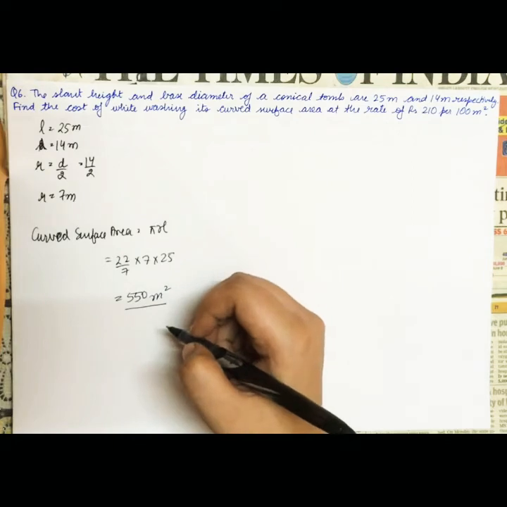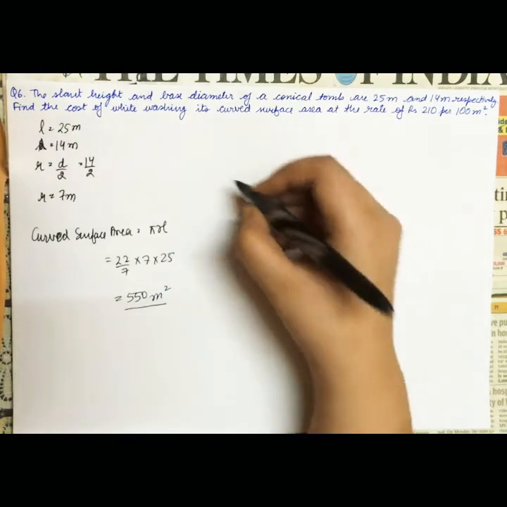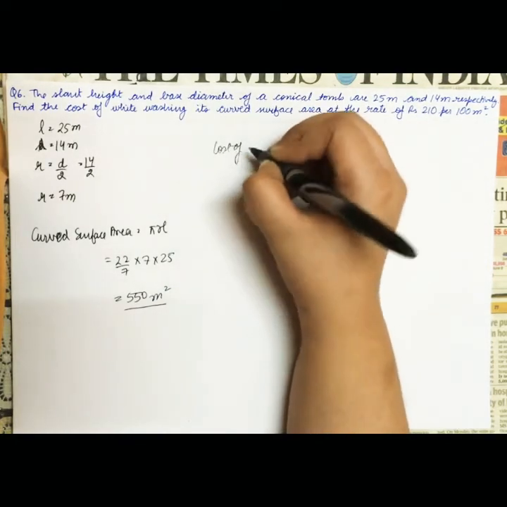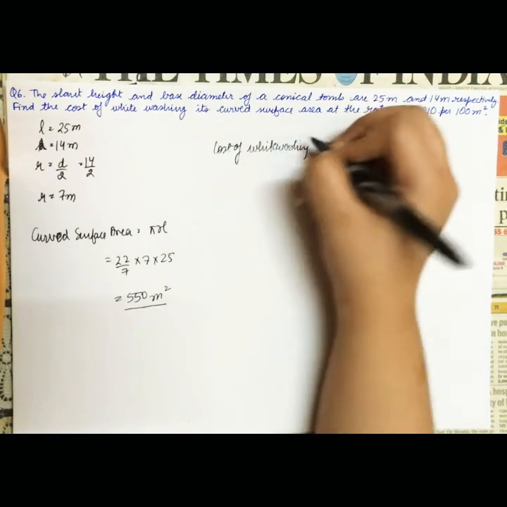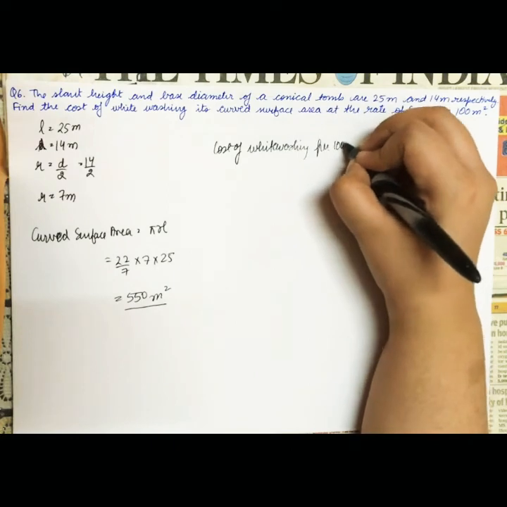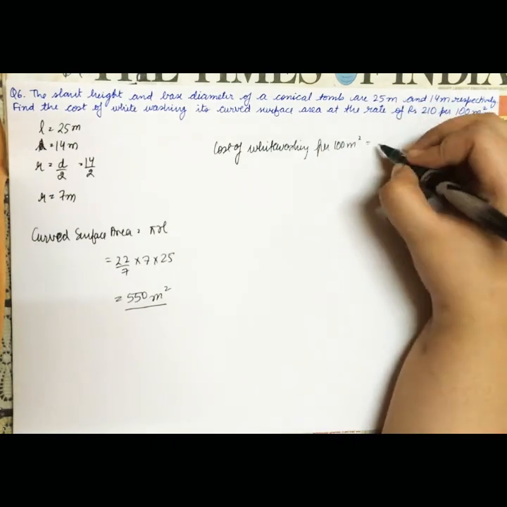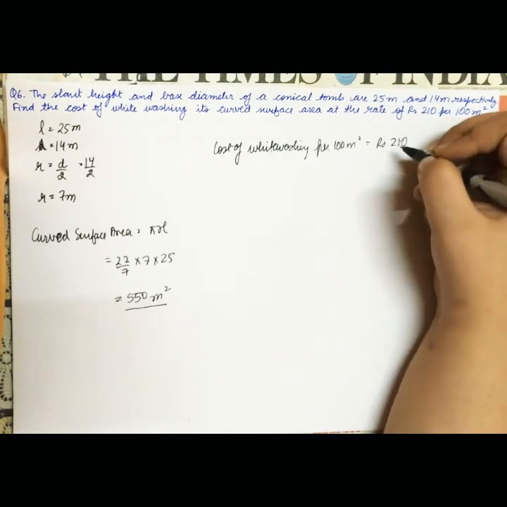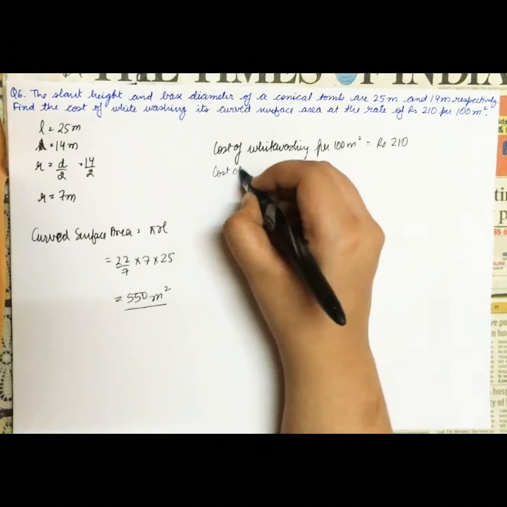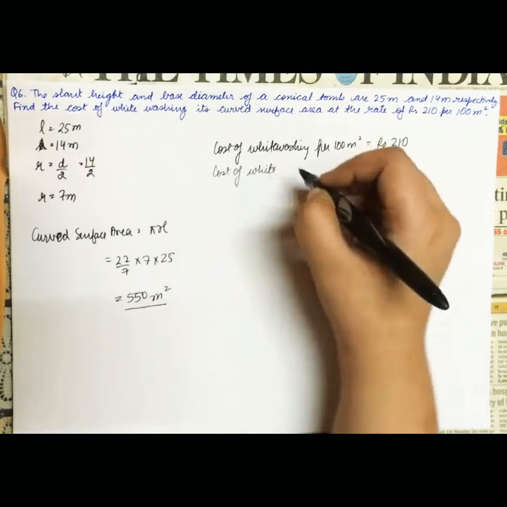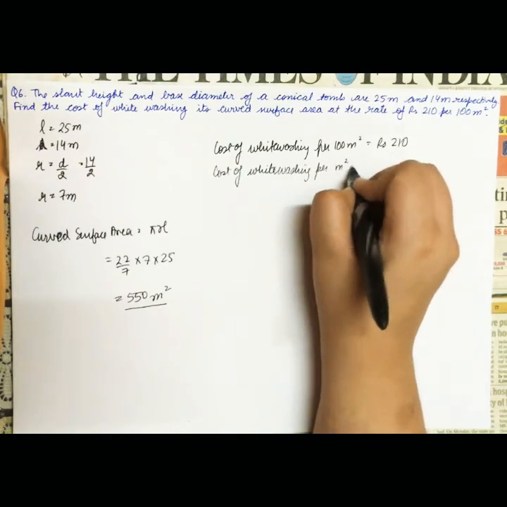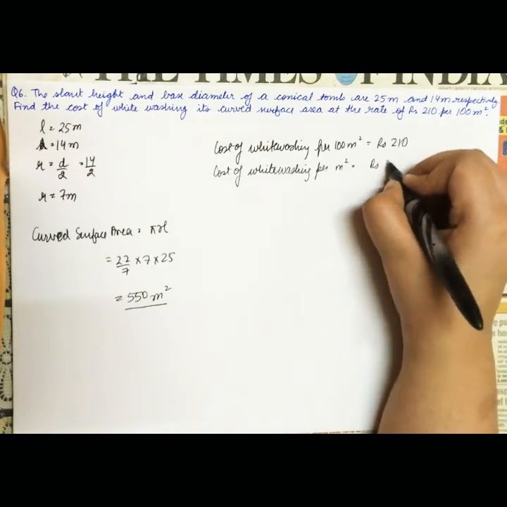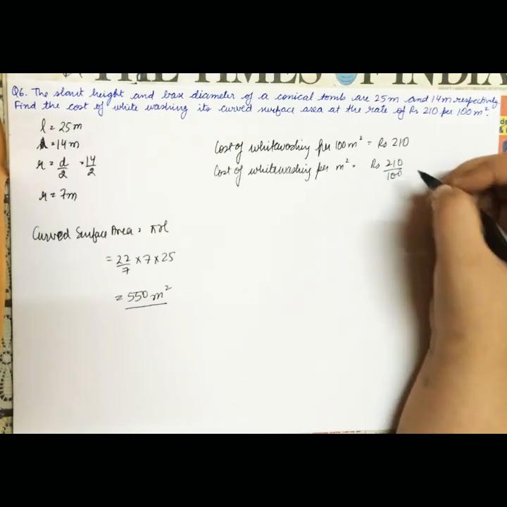That is the curved surface area of the tomb. Now cost of whitewashing per 100 meter square is equal to rupees 210. Similarly, cost of whitewashing per meter square will be rupees 210 upon 100.